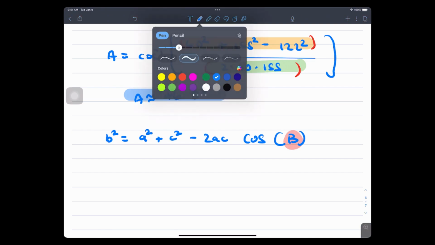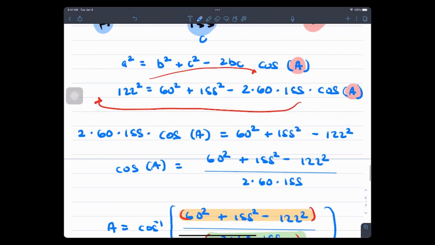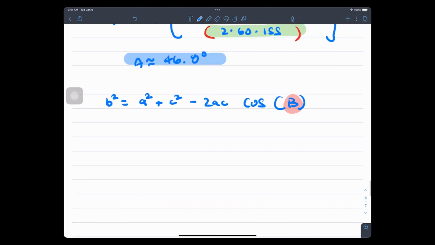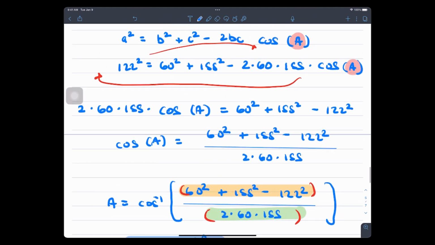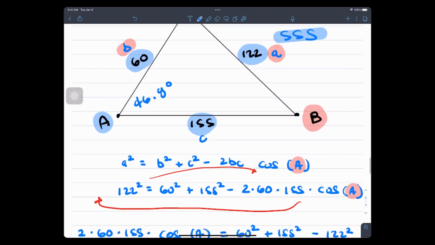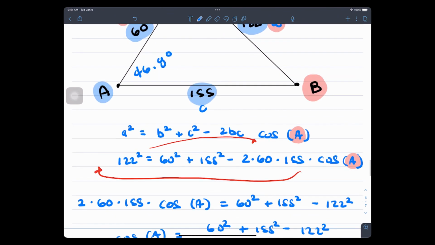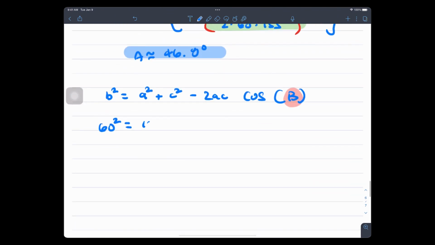So now I do have to go back and look at the letters, though. I have to say, okay, 60 squared, isn't that B? 60 squared equals, I need A and C now. Oh, A is 122, C is 155. And then use your algebra, use your translation.